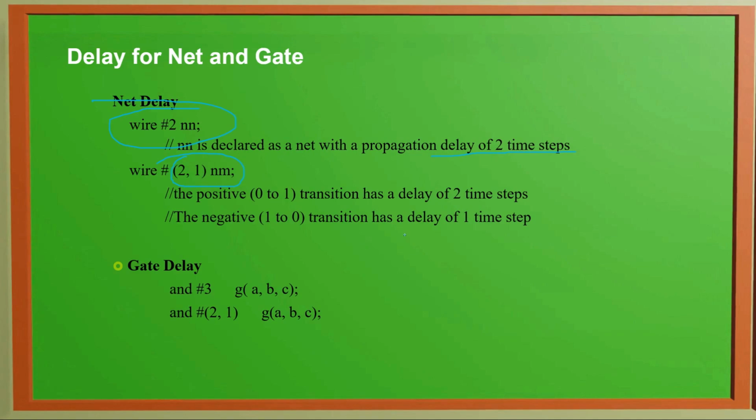The positive transition from 0 to 1 will have a delay of 2 timestamps. And again, if there is a transition from 1 to 0, there will be a transition delay of 1 timestamp. Similarly, we can define delays for gates like AND, and all of them are primitive keywords.